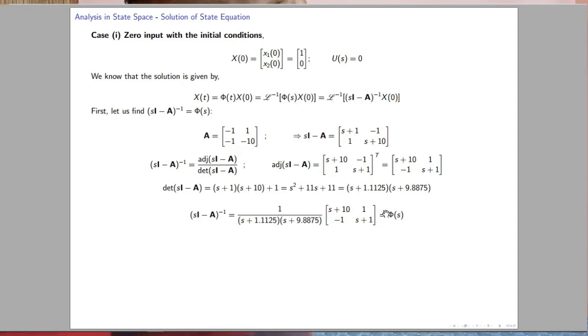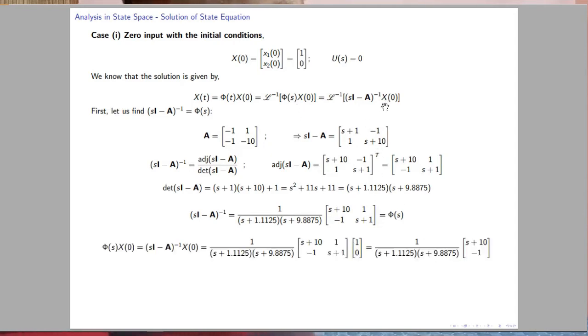Okay, so once I get this, I have to multiply with x of 0. That's what I'm doing. The initial conditions x of 0 are already given. So if I multiply with this x of 0, (s plus 10) into 1 plus 1 into 0, that means I'll get only s plus 10, and similarly I will get minus 1 into 1, which is minus 1, and (s plus 1) into 0 will be 0.